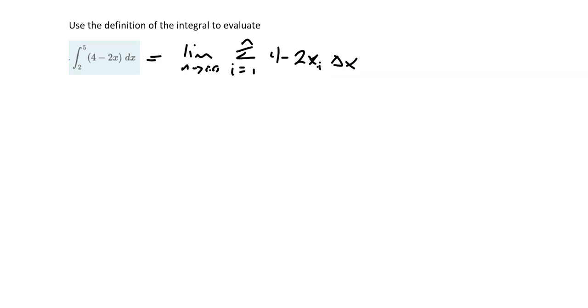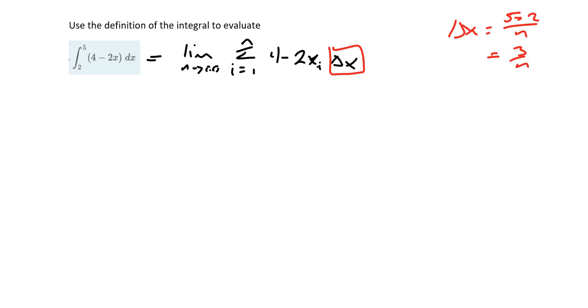So we need a couple of things in order to do this. First, what's delta x? So delta x is always the right endpoint minus the left endpoint over n. We don't know what our n is. I mean, that's the one that's going to infinity, right? So that's going to be 3 over n. So we know delta x is going to be that.